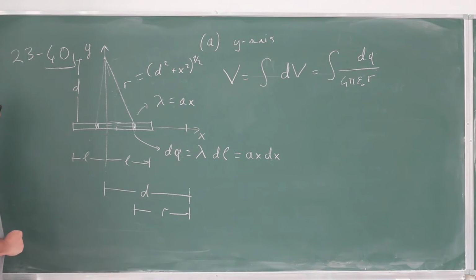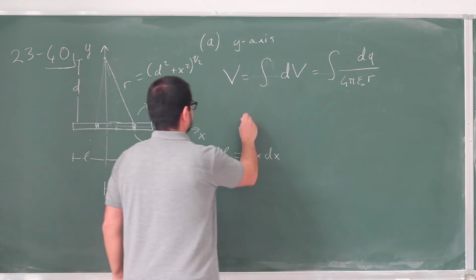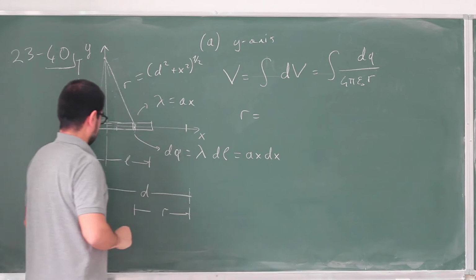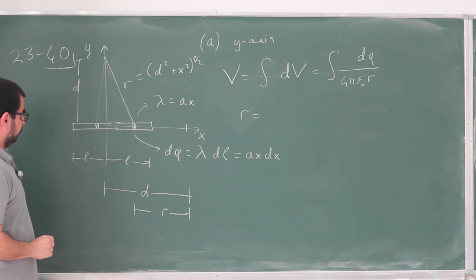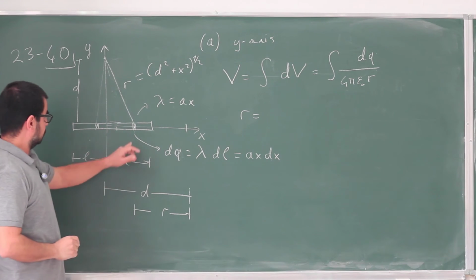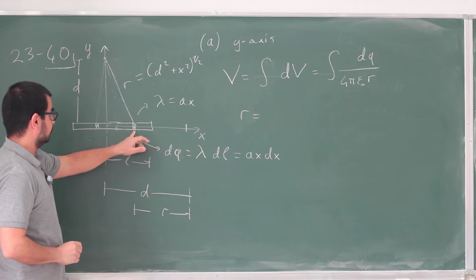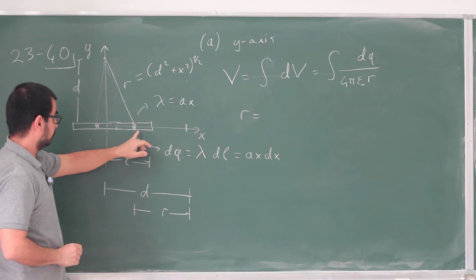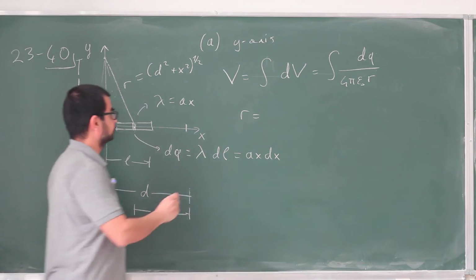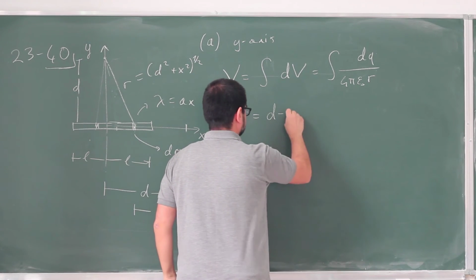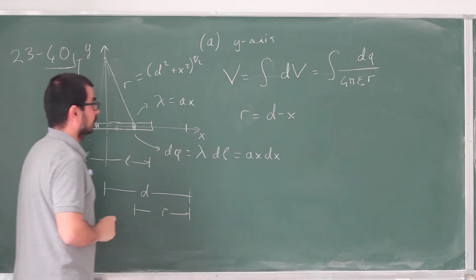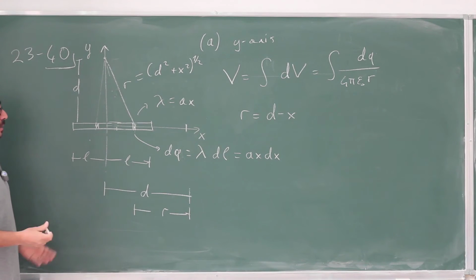So it's going to look like this for points on the x-axis. This is going to be the contribution. So that r is now going to be, so this point's coordinate is x. That's my integration variable. That's going to be d minus x. And otherwise, I proceed exactly the same way. Okay?